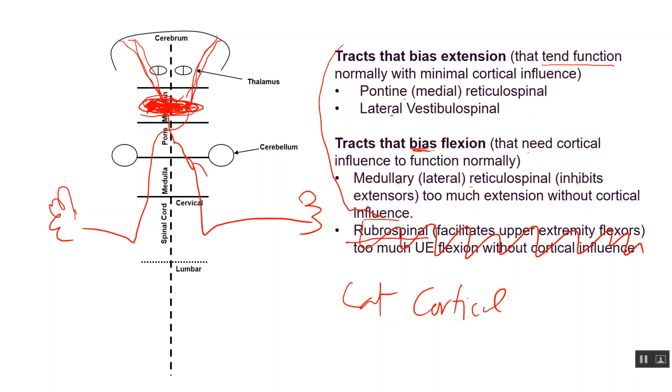Even this medullary lateral reticular tract, which typically inhibits extensors, is no longer inhibiting extensors, it's allowing extensors to work or overwork, because you've lost the cortical influence plus the corticospinal influence. So everything below that in the pons and the medulla, all those tracts are extensor biased at this point.